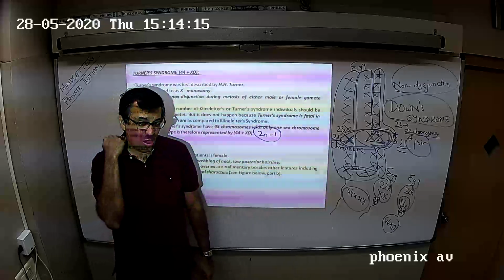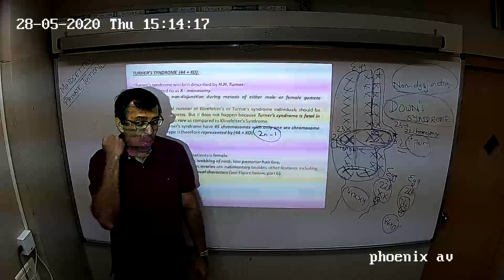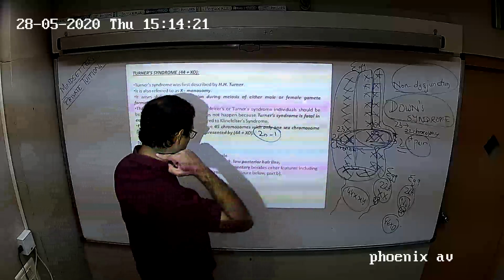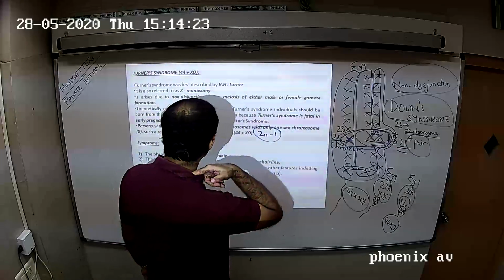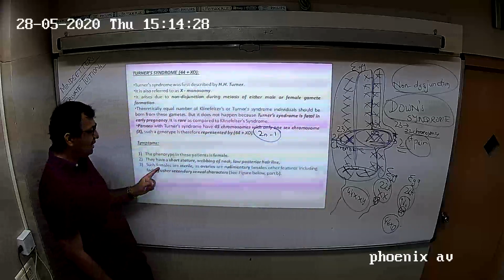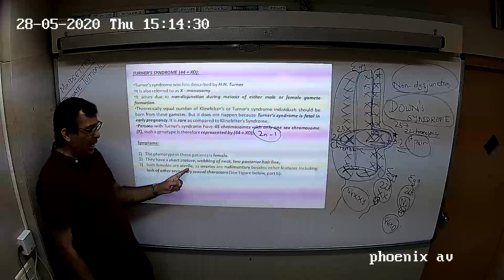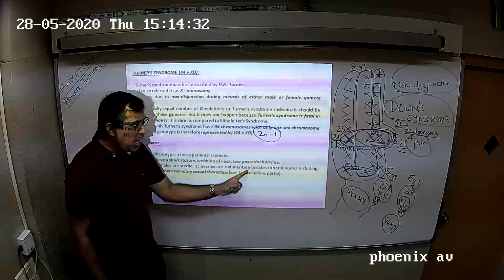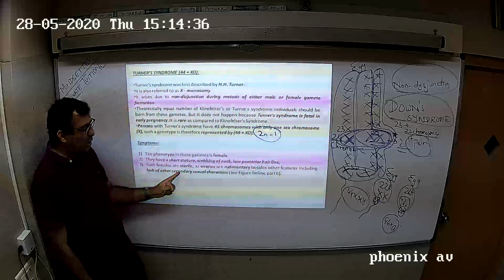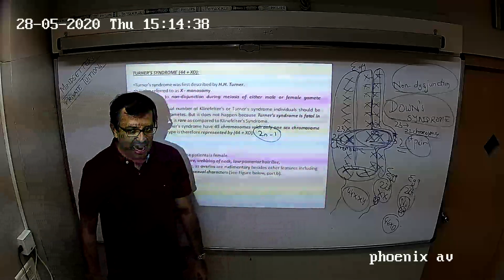So there is webbing of the neck, and there is a low posterior hairline. The posterior hairline is low, so hair grows down low, and these females are sterile as their ovaries are rudimentary, and other features include lack of other secondary sexual characteristics.